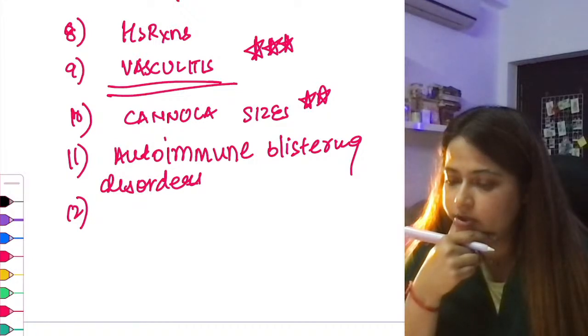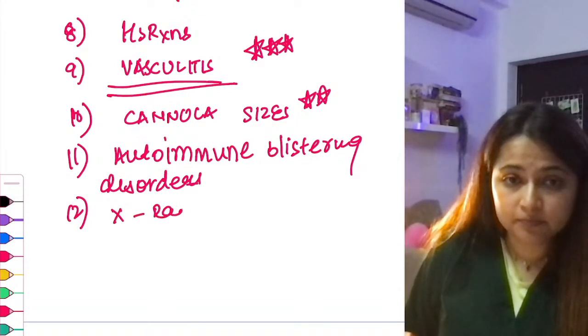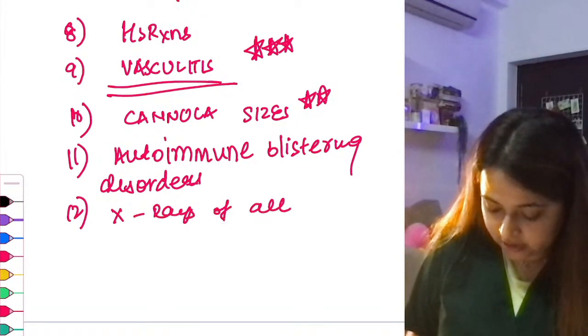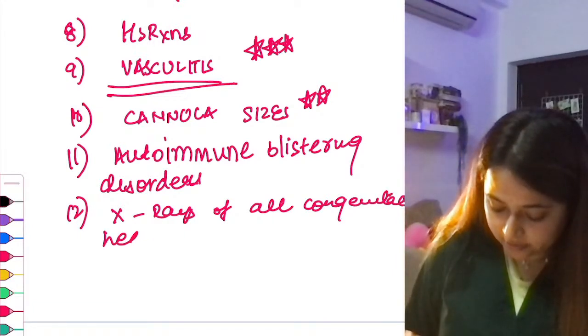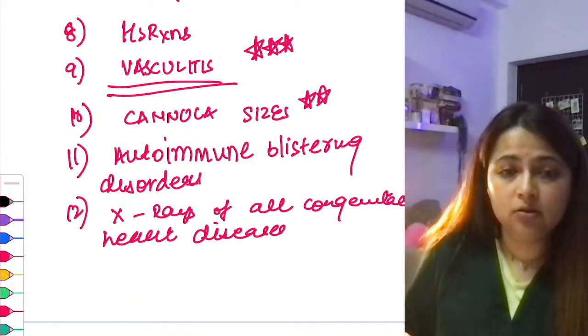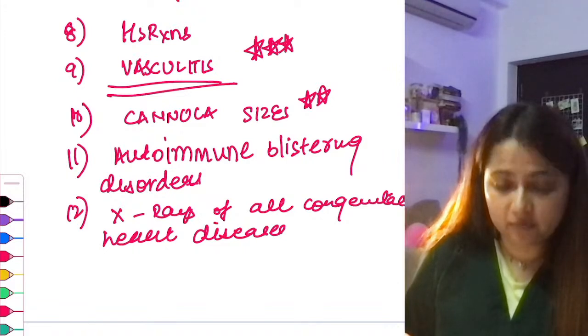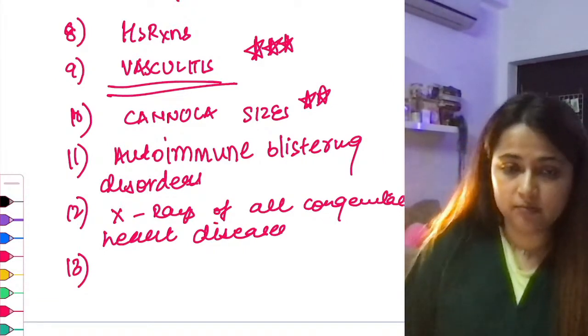Yes, the X-rays of all the congenital heart diseases. Very high yield. Egg on string appearance. These types of X-rays that you see are very important. Know these.